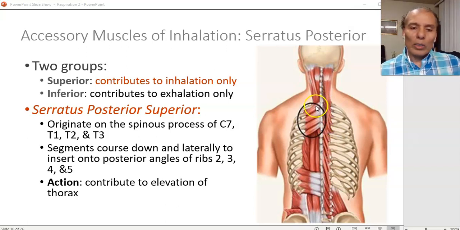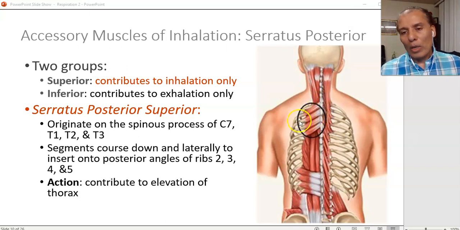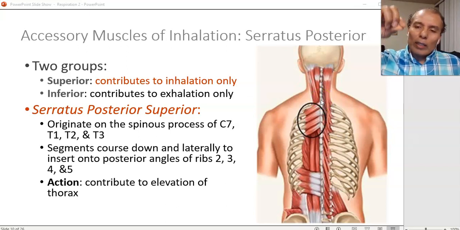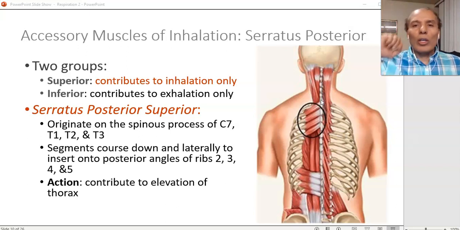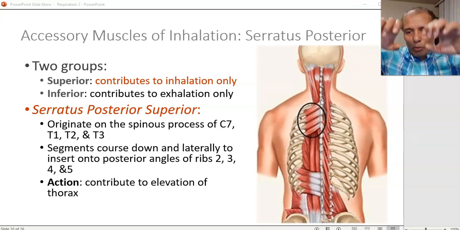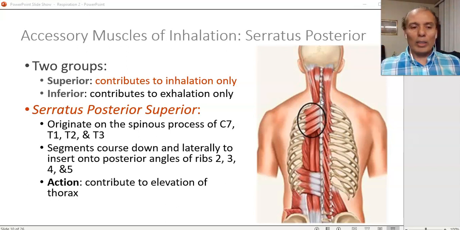Each one of these is going to insert onto the posterior angles of ribs number 2, 3, 4, and 5. Because you need to pull up, it makes sense that the origin is slightly higher than the insertion. So when the contraction takes place, it's going to elevate. It will be pulling the back of the ribs from behind.